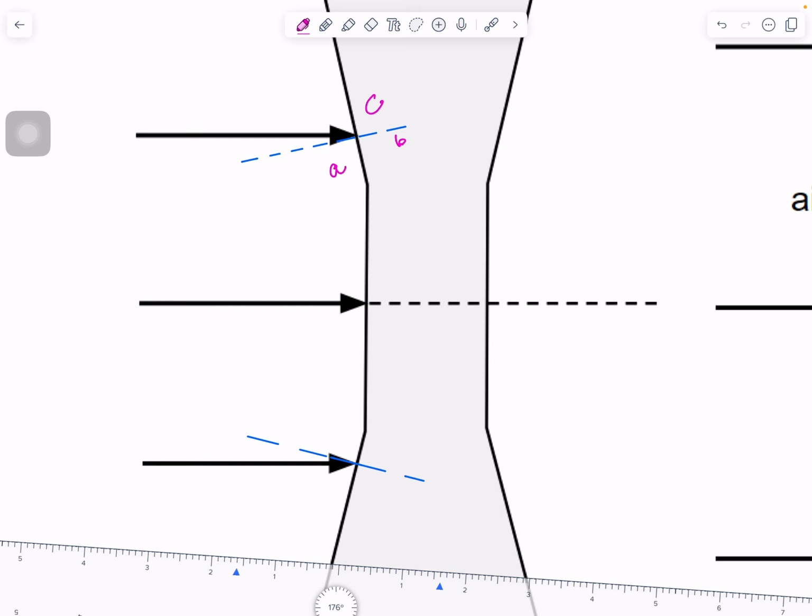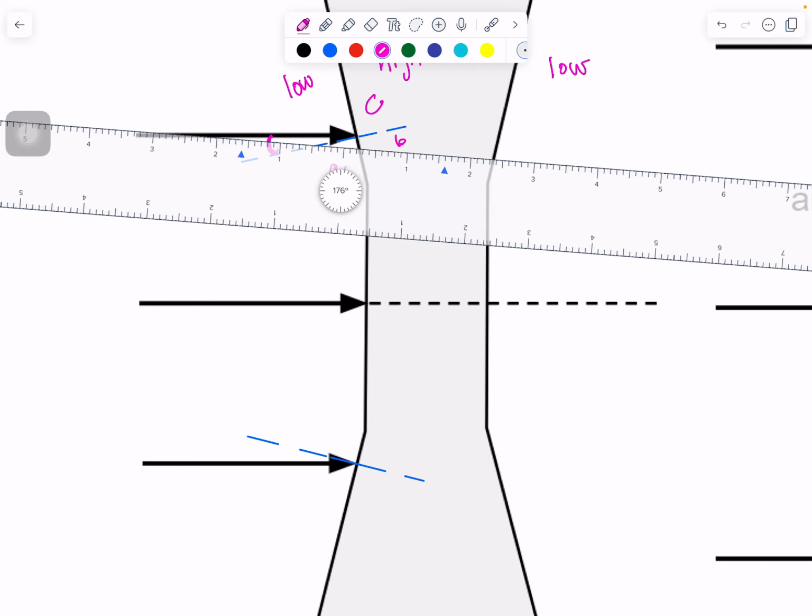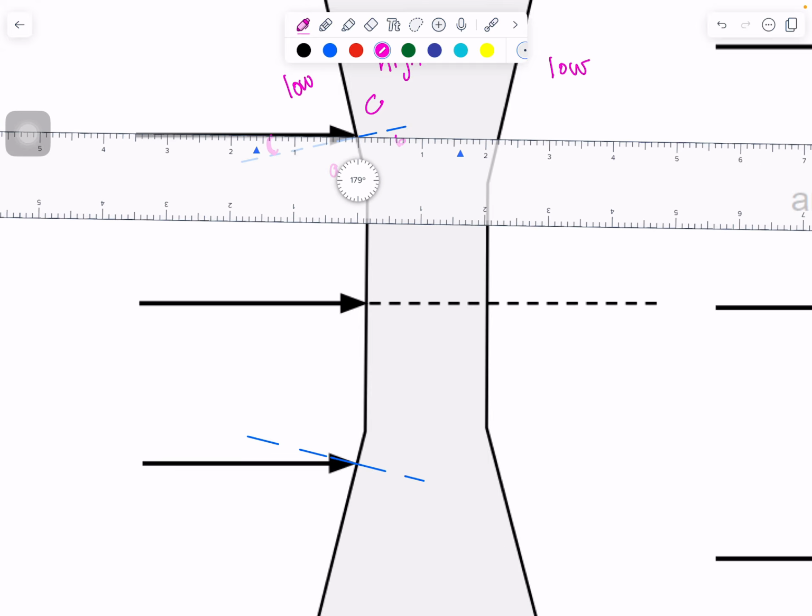Here's where it gets a little bit tricky. That's my angle of incidence. And am I going to bend towards the normal or away from the normal? And I'm going to bend towards the normal because this is low, this is high, this is low. So again, I'm going to do this little trick just because I find it easier to draw my angle.